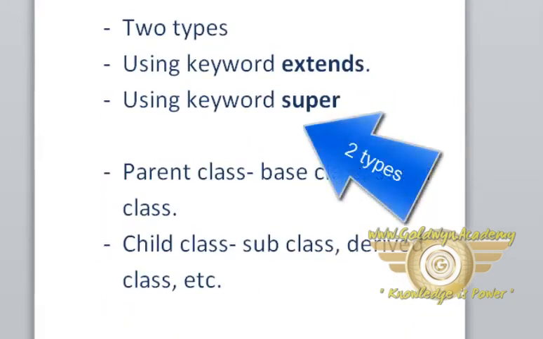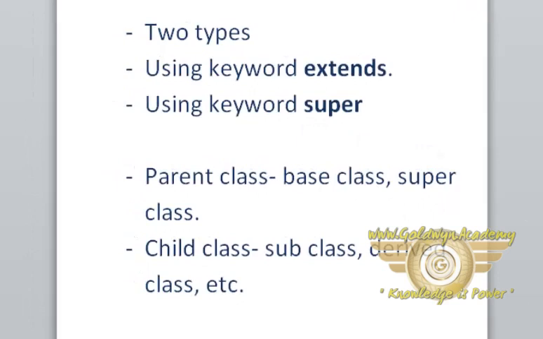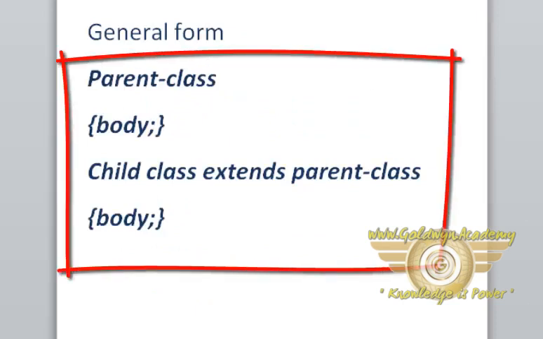There are two keywords to apply this inheritance: using keyword extends and using keyword super. Parent class is the base class, which is called a superclass. Child class is the subclass. This is the general form of the inheritance.